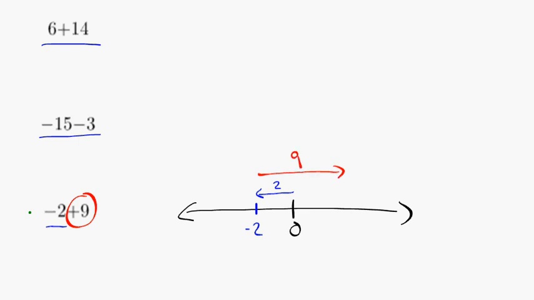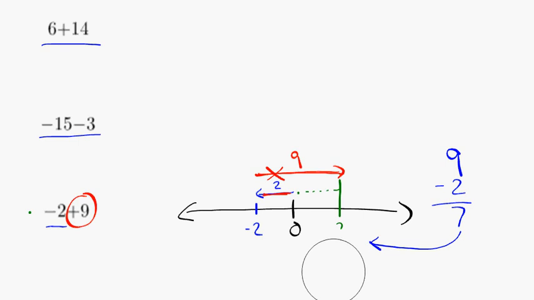So in order to figure out how far into the positives we make it, we've got to take the big arrow, subtract this smaller arrow, which is 2, to find our remaining distance. So 9 take away 2 is 7, and this solution is a positive 7 because we are ending up on the right side of 0.